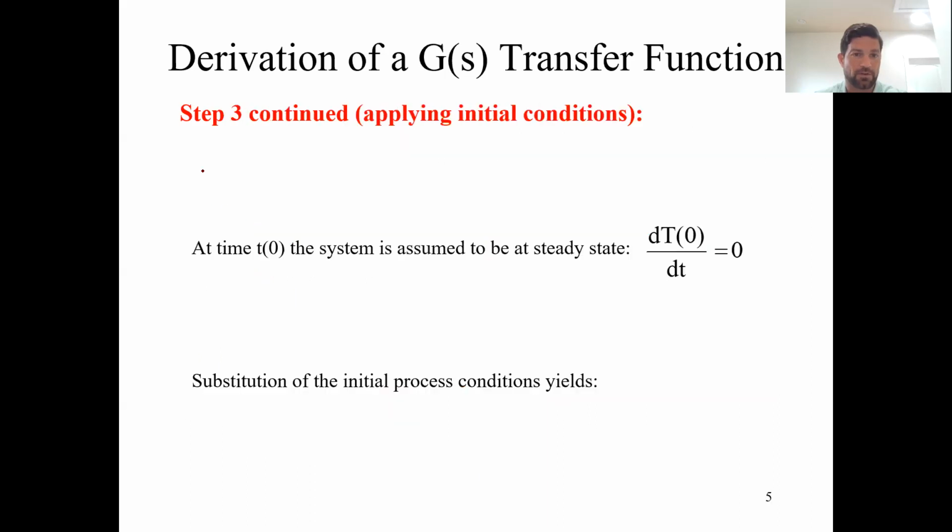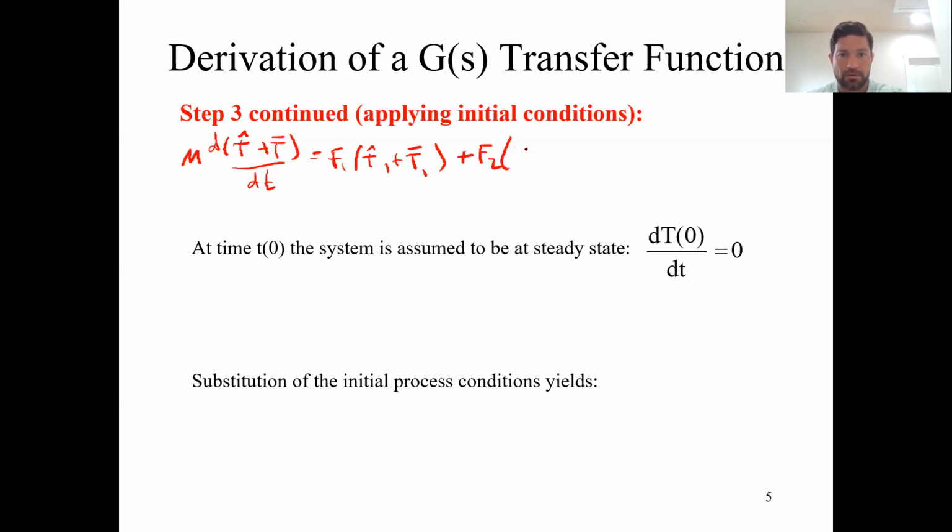Now if we do this, we're going to end up with m times the derivative of (T hat plus T bar) dt, equals F1 times (T1 hat plus T1 bar), that would be T1, plus F2 times (T2 hat plus T2 bar) minus (F1 plus F2) times (T hat plus T bar).